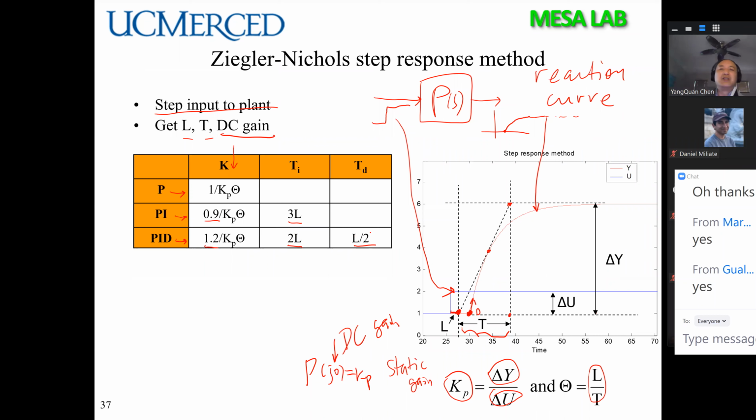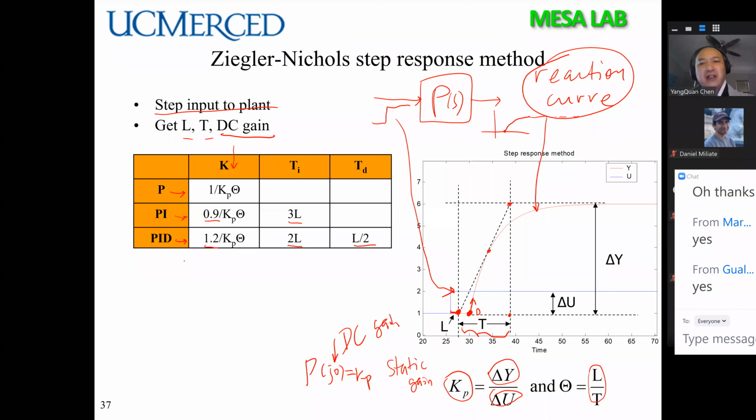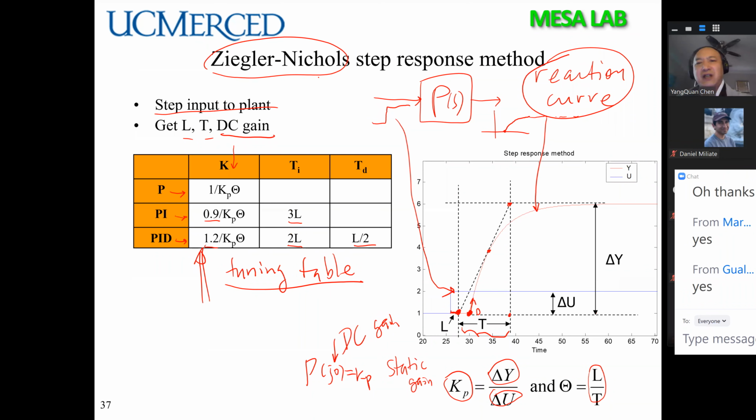So what do you know? I know a reaction curve. Then how can you come up with the control design? This is called a tuning table. Unfortunately, this tuning table is from Ziegler and Nichols, these two guys, in 1940 perhaps.